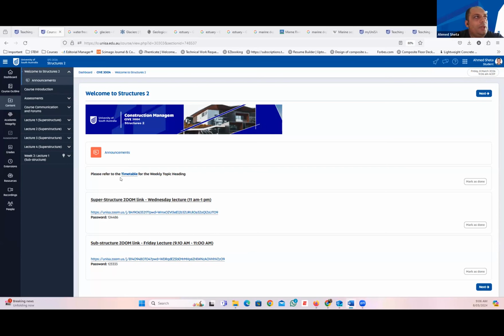On the left, you can see the content of each week. For the superstructure part, four weeks of content are shown, and up to now I have only shown one content from the substructure part.